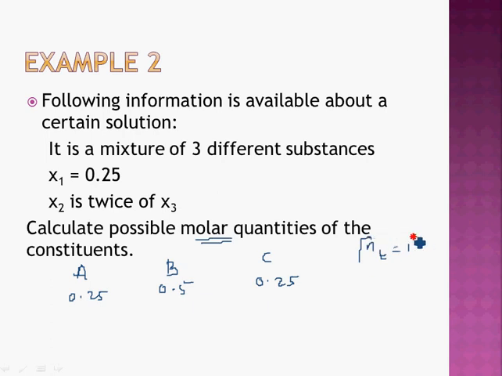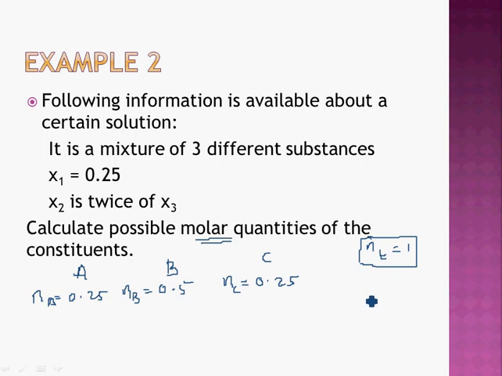If I assume total moles of my solution is 1, in that case these mole fractions become absolute values of moles. Na is 0.25, Nb is 0.5, and Nc is 0.25. So this is a possible molar value, 0.25, 0.5 and 0.25, if I assume Nt is equal to 1.